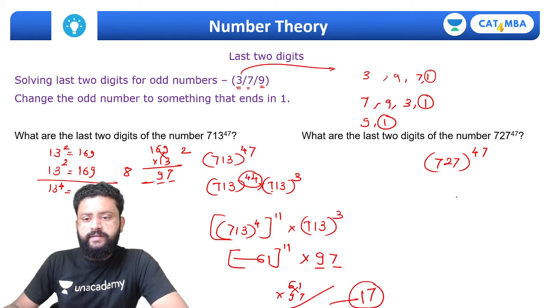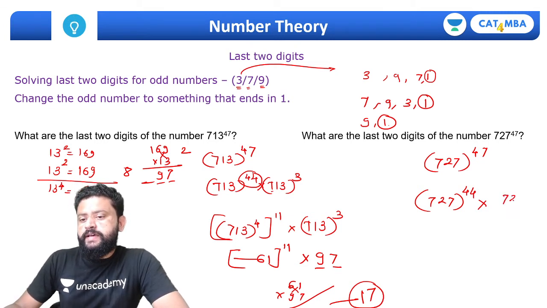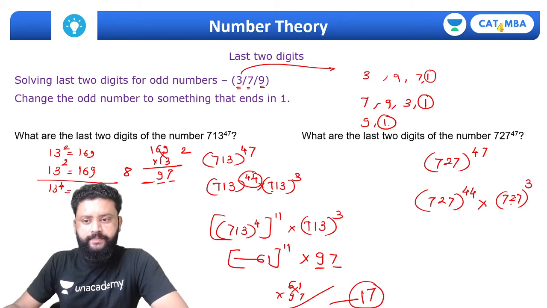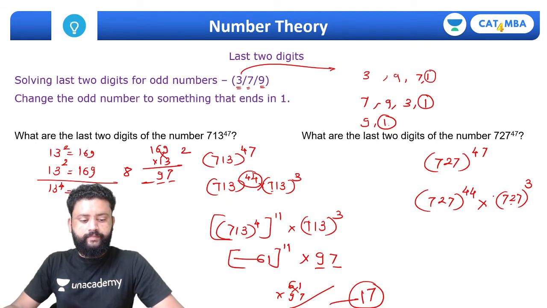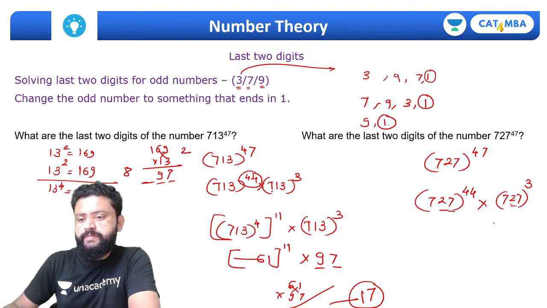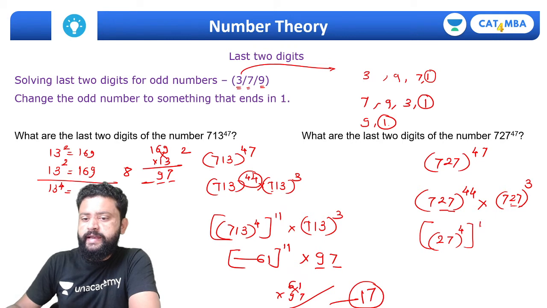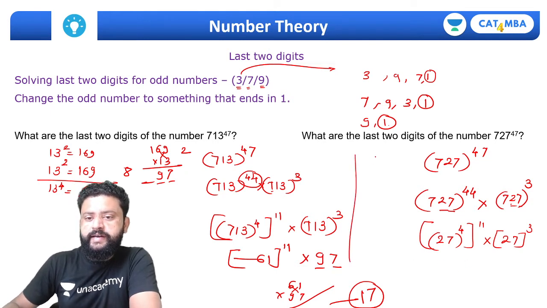The thing is, I can write it as 727 to the power 44 into 727 to the power 3. ओके, सो आई वांट टू कैलकुलेट 27 टू दी पावर. देखो, लास्ट टू डिजिट्स तो इस पे डिपेंड करेंगे 27 पे सिर्फ, तो मैं 27 ही कंसीडर कर देता हूँ सीधे सीधे. 27 to the power 44, so I can write it as 4 to the power 11 and this as 27 cube. Now let's get the 27 square first.